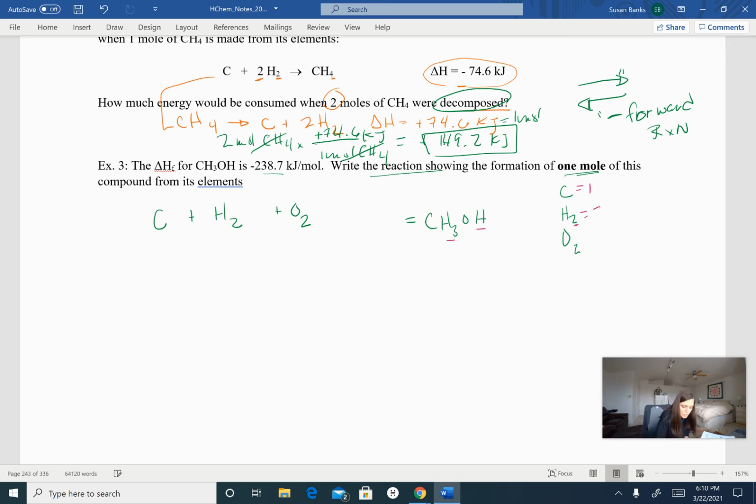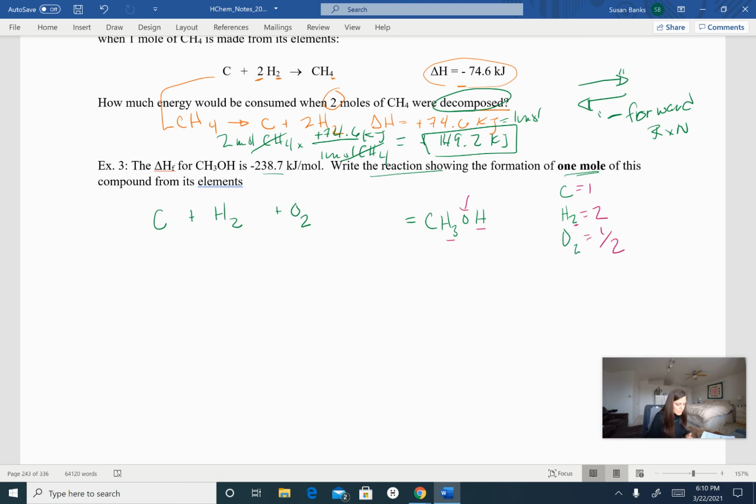I need 2 H2s to get me 4 hydrogen atoms. Okay? And then I have 1 oxygen. How do I get 1 oxygen out of a group of 2? I have to multiply it by 1/2, right? 2 times 1/2 is 1. So I need 1/2 of these.